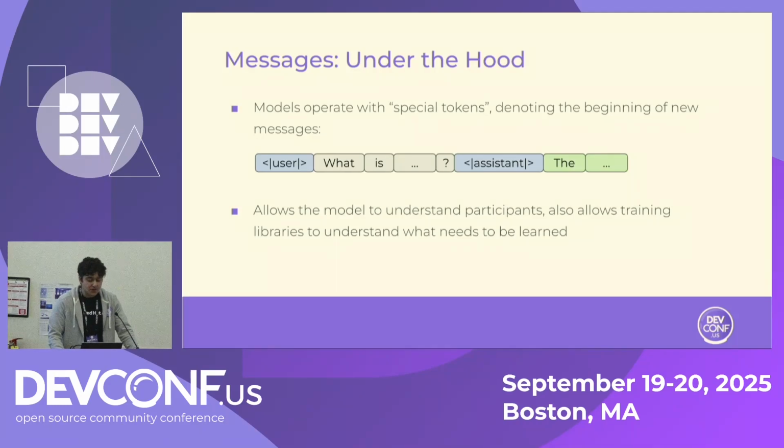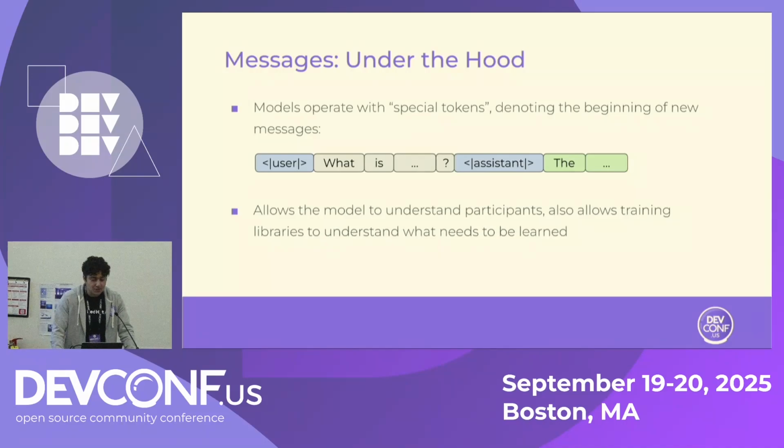So how do models actually understand this under the hood? Well, models operate with what we call special tokens. These are specific tokens in the vocabulary designated to highlight the beginning of new messages. So in this case, when we input to the model, we'll have a user token followed by the condition, what is, so on and so forth, and then an assistant special token followed by the desired generated output, the so on and so forth.